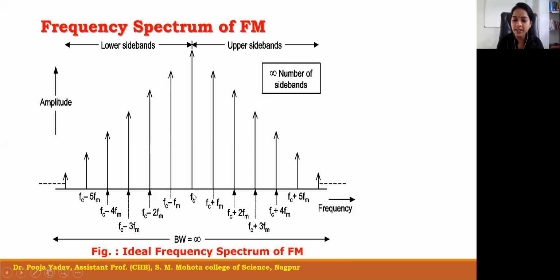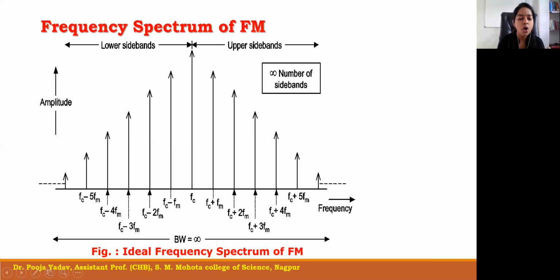So how are the sidebands there? This is FC, so this is FC minus FM. This is FC minus 2 FM. This is FC minus 3 FM, and FC minus 4 FM, FC minus 5 FM. वैसे ही यहाँ पर FC plus FM, FC plus twice FM, FC plus thrice FM, 4 FM and 5 FM.